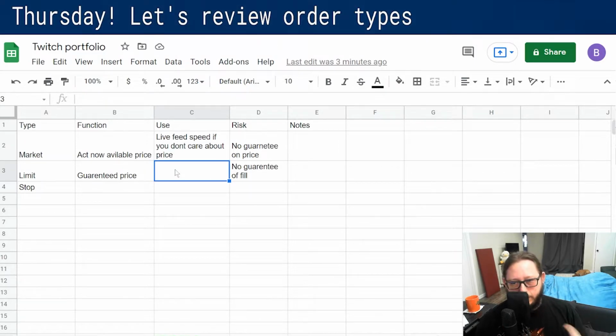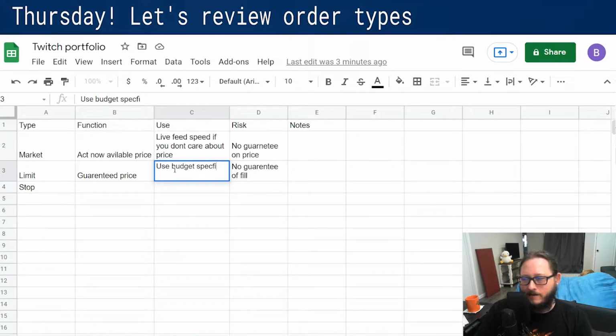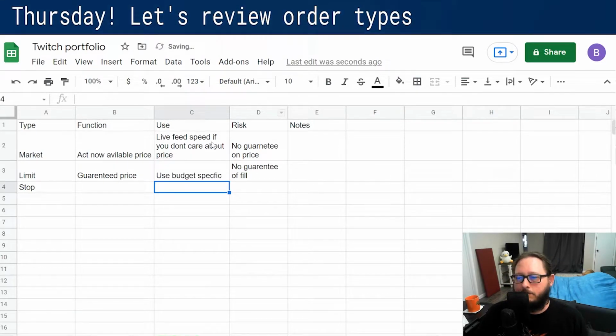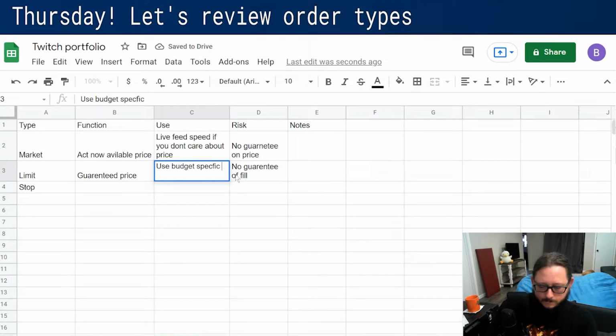It's just kind of a tidbit on limit orders. Don't assume that you're due a fill, but always check just in case, because if you can get it, that's great. So use is budget, right? You want to spend a specific amount, so specific price is your driver here.